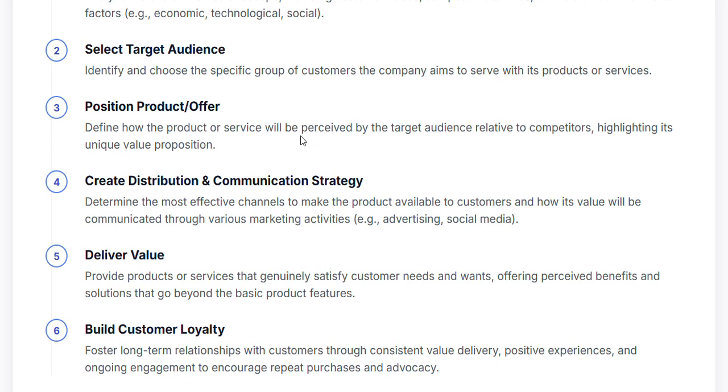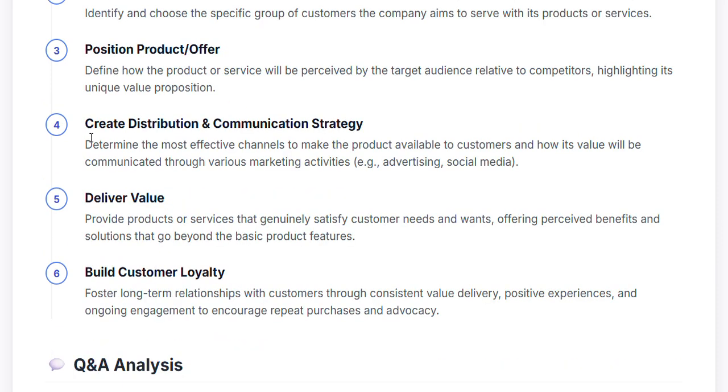You need to know how to deliver your product to your audience relative to your competitors. Number four is about creating, distributing, and communicating strategy.